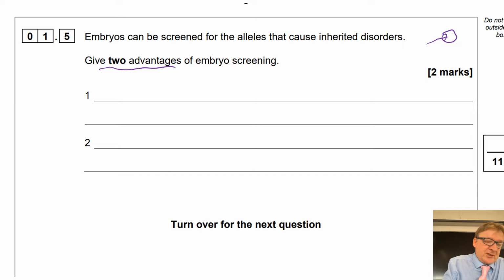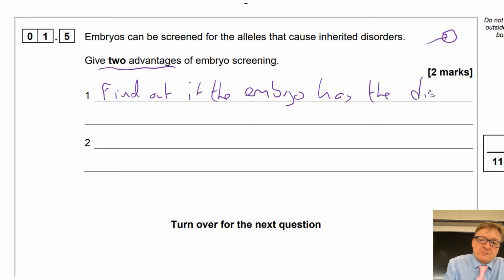But 2 advantages. First, we could find out if the embryo has the disorder. So the first stage is we could actually find out if it has got it or not.